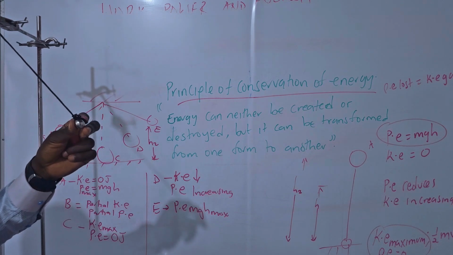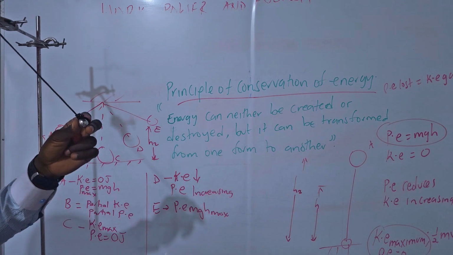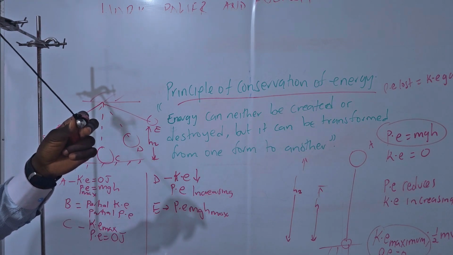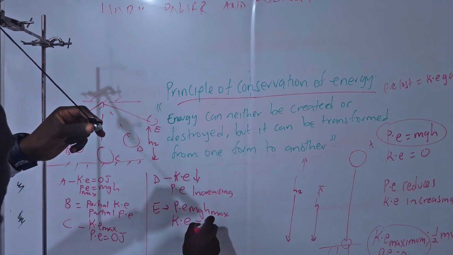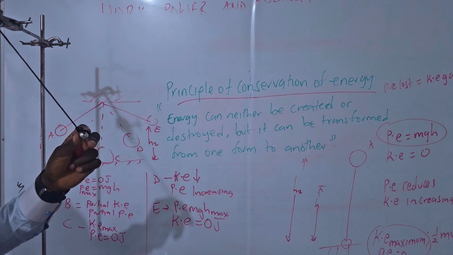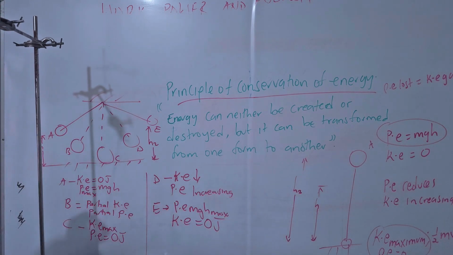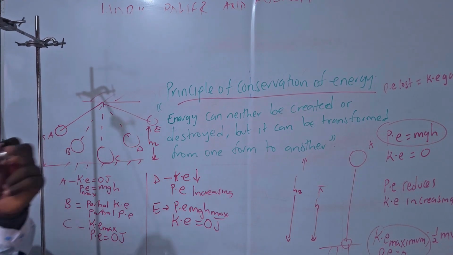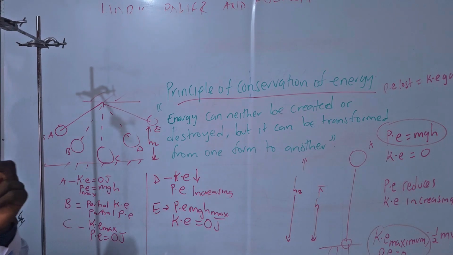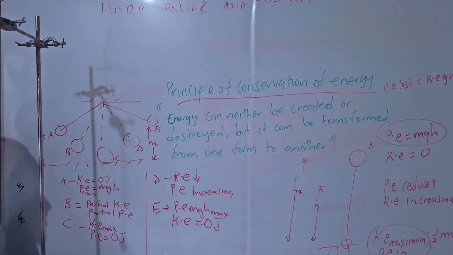So when it stops, its velocity is zero. So its kinetic energy is zero. So this process keeps on continuing as long as the system has energy. As long as there are no dissipative forces in the system, this thing can oscillate for years and billions of years. Let's look at other scenarios of energy conversion.